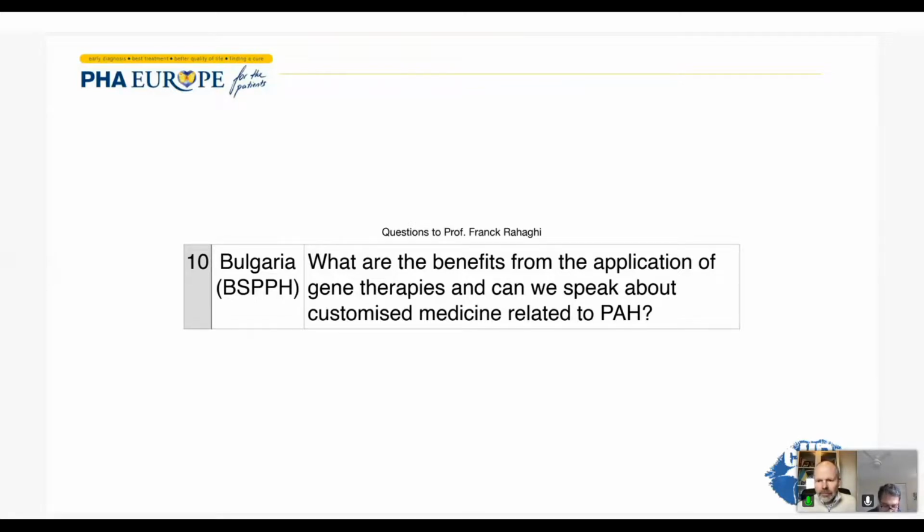And so that's where the other side of this comes, and where essentially these gene therapies are trying to target the most common genes that are affected. But again, these mutations don't necessarily create pulmonary hypertension by themselves. You have to have, for instance, a 2 or 3 hit phenomenon.